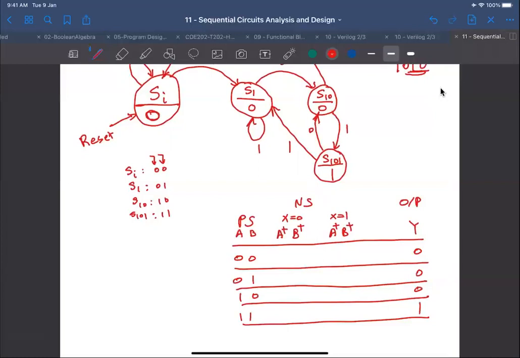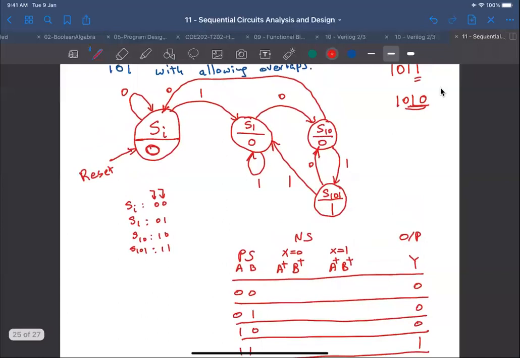For the next state, when X is 0 and the present state is 00, what is the next state? It's 00. You don't go anywhere. And when X is 1, we go to 01.